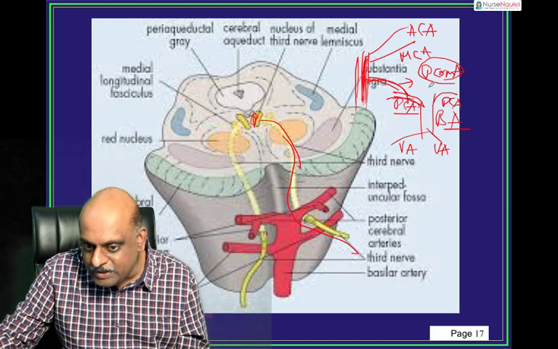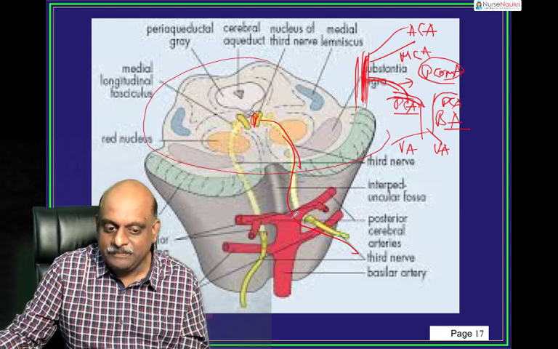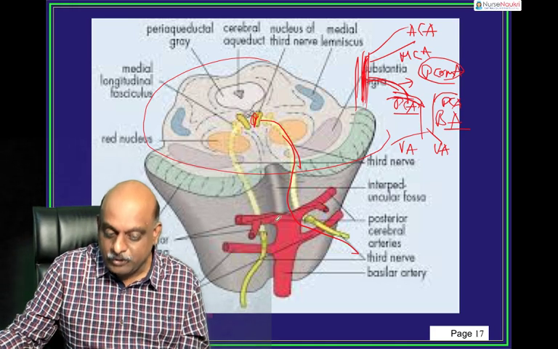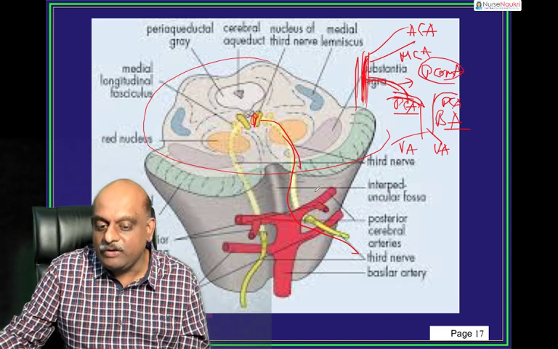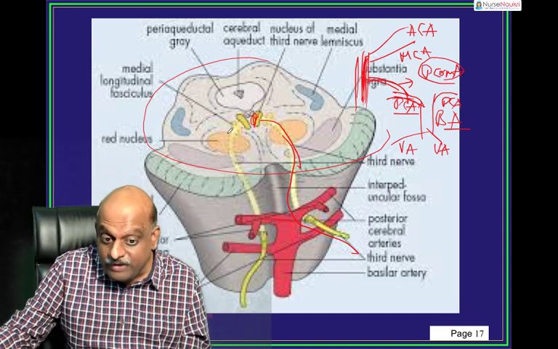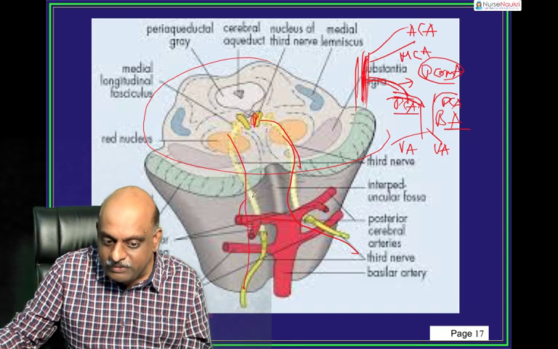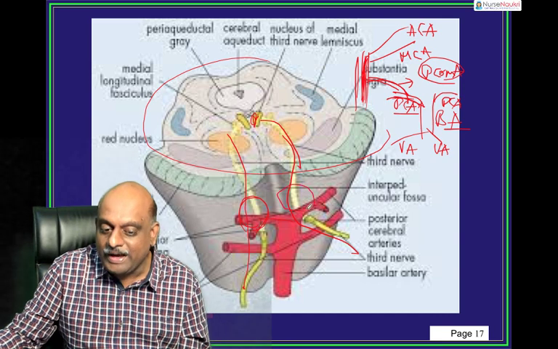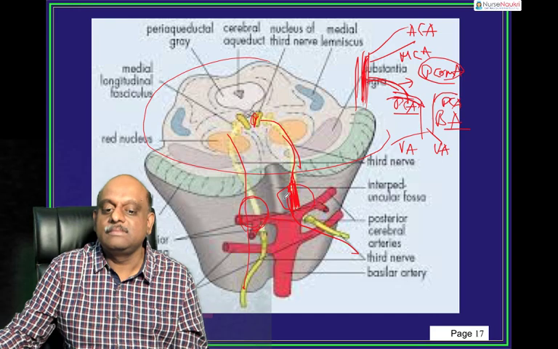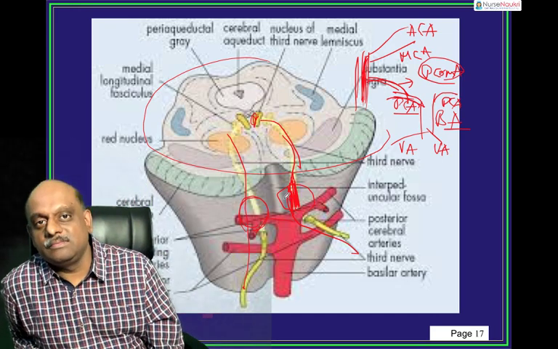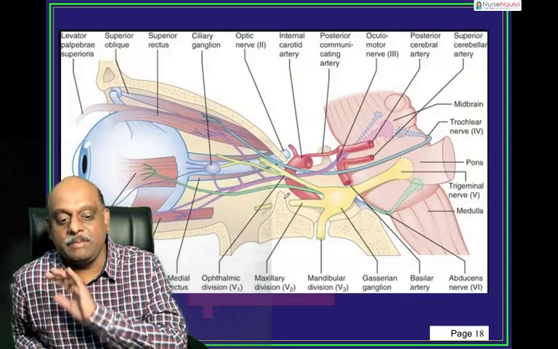This typically happens at the midbrain level, where your oculomotor nerve is coming out. If this posterior communicating artery develops an aneurysm, then it will compress the oculomotor nerve, which is what you have to basically remember.